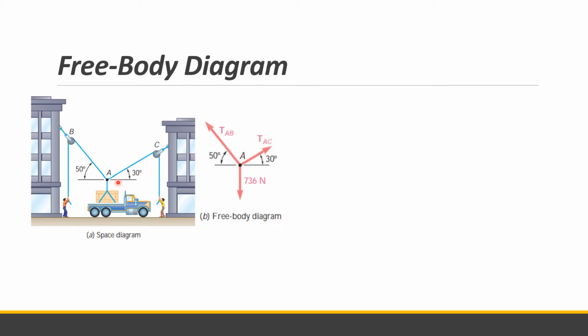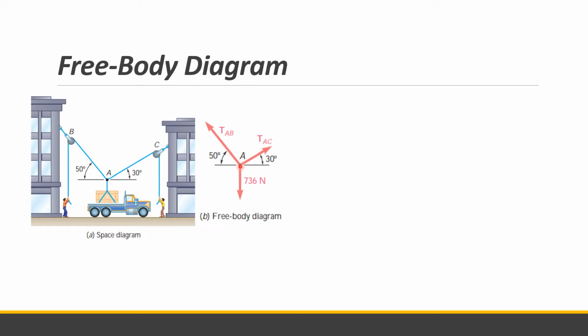So say the particle A, our particle A, we'll only consider BA, AC, and the crate at A. We will not include this part here because this is also equal to BA. So this is what it means to choose the significant particle, separate it, and draw the free body diagram.